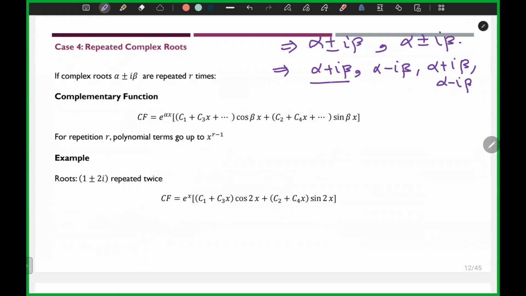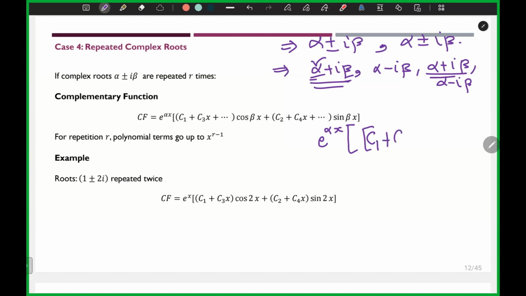So roots are actually repeated two times. So what do we do? We will do the same procedure. That is, the real root takes the same value, e to the power alpha x, and for the imaginary part we have to do the same as we did earlier in repeated real roots.